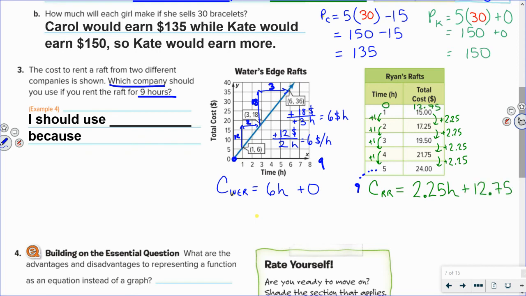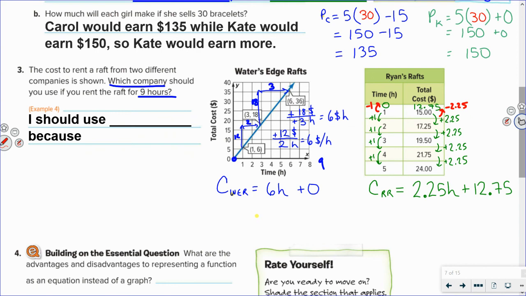In fact, if we went backwards, we could go back 1 hour and take off that first 2.25, and you will find a fee, maybe it's a deposit, whatever they call it, of $12.75. So the equation for Ryan's rafts is going to be $2.25 times h hours plus $12.75 fee or deposit, whatever that might be.